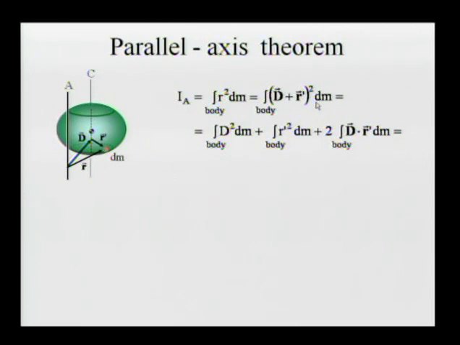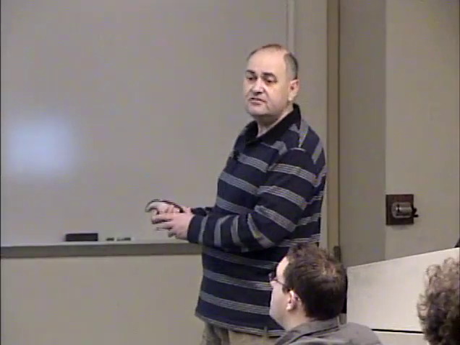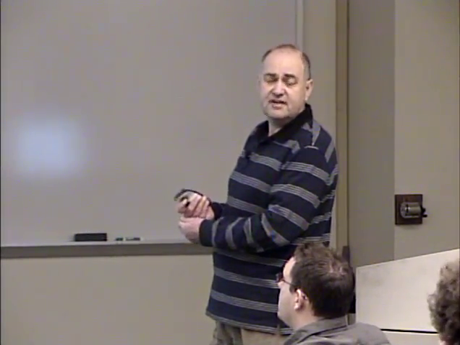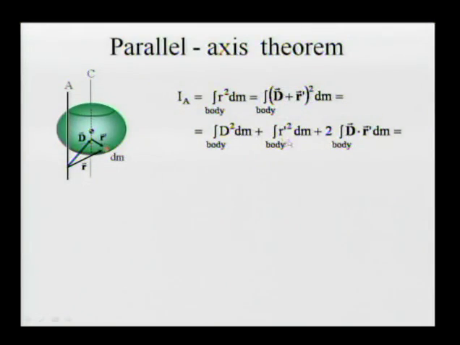What product? Not the vector product, the scalar product. It's a vector times a vector, and the result is a number. All right, so this is what I'm going to get: the square of the first vector, plus the square of the second vector, plus 2 times the scalar product of those two vectors.